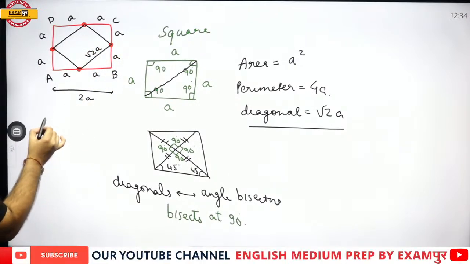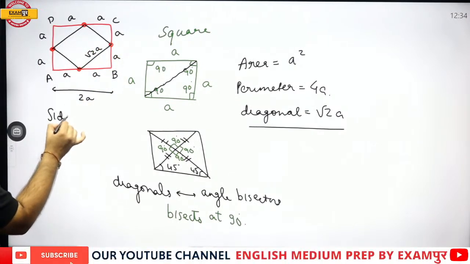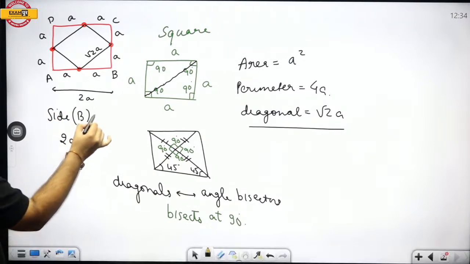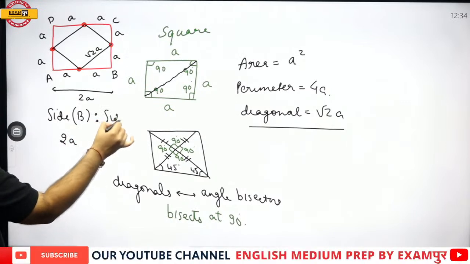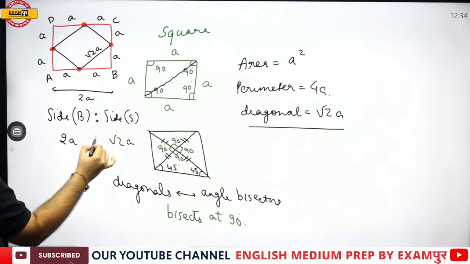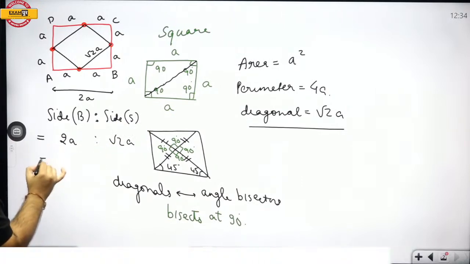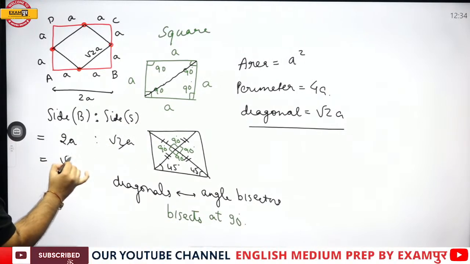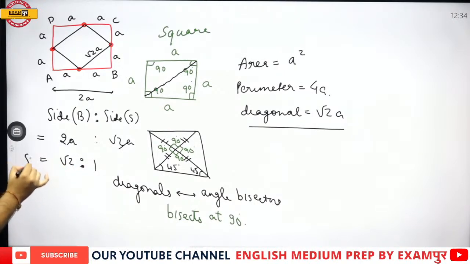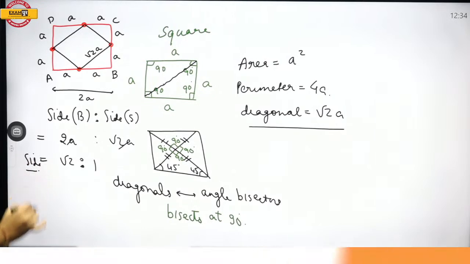So the side for the bigger square is 2a, and the side for the smaller square is root 2a. What is the ratio they are maintaining? They are maintaining the ratio of root 2 to 1.